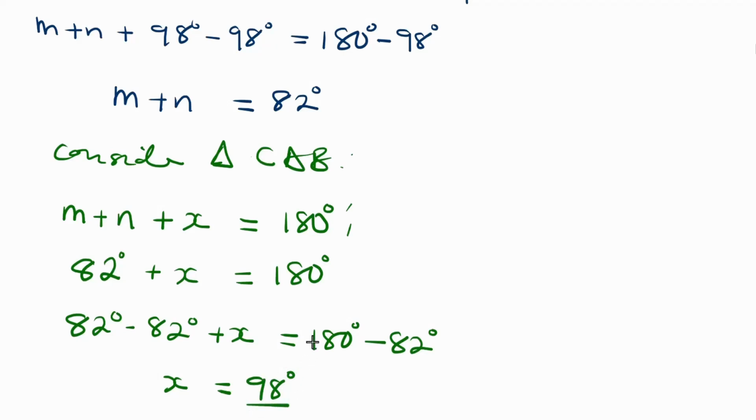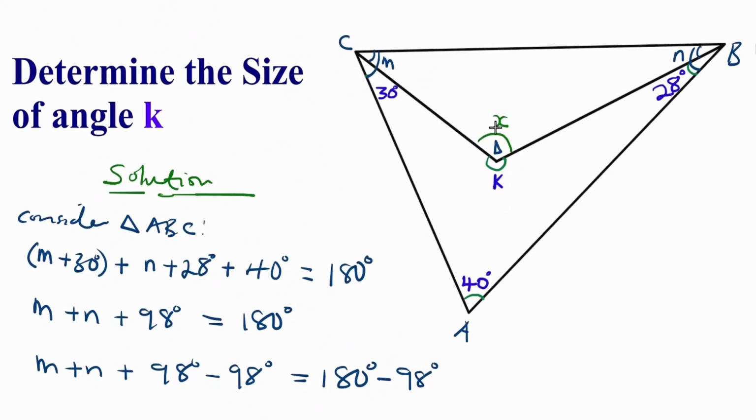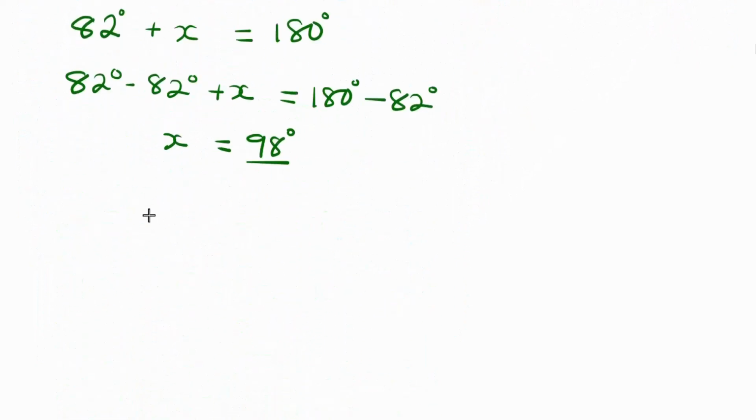Remember, they're asking for the value of K. If we consider this point, this would make a complete circle like the way I've drawn, and the angle is 360 degrees, the complete revolution. To get the value of K, we add X plus K to give 360 degrees.